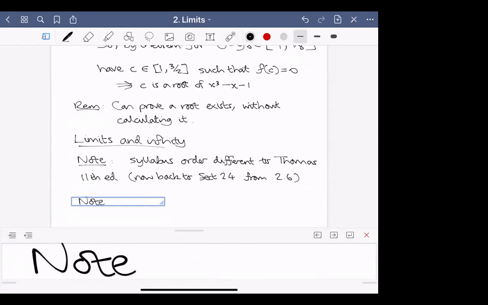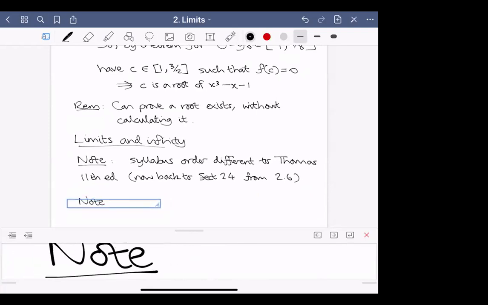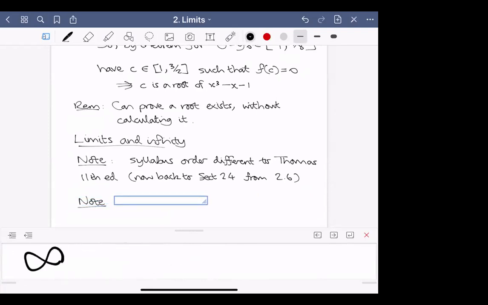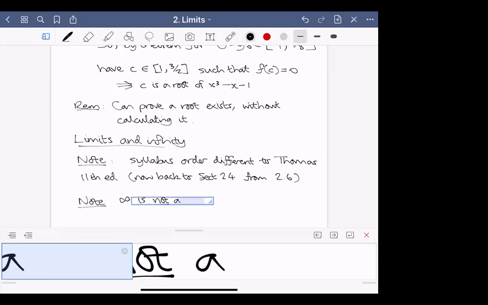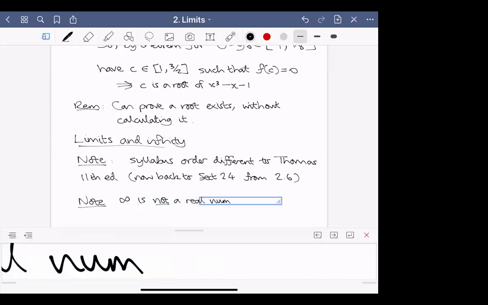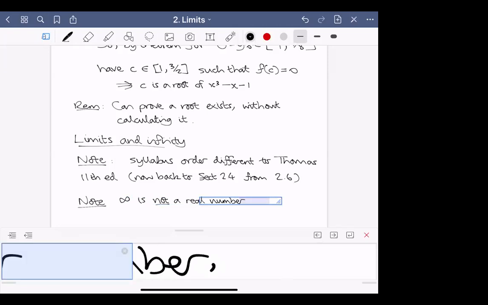So a note, we're going to be using the symbol infinity here. Just a note, discussed before, that infinity is not a real number. I think we know this.